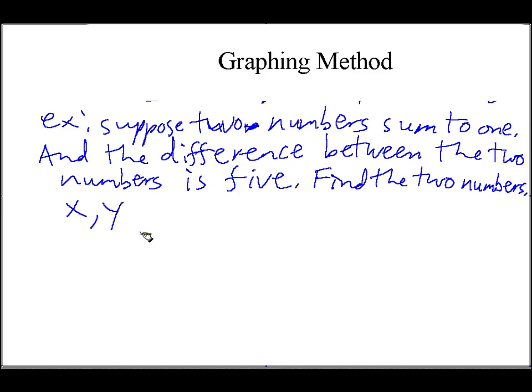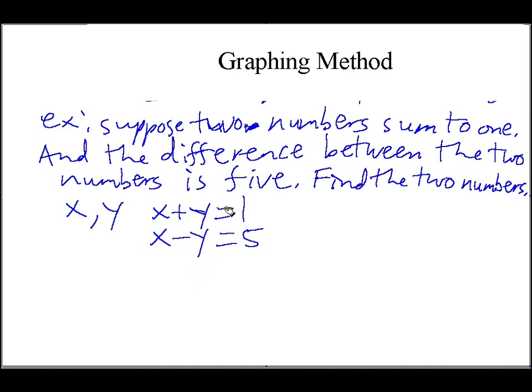That means x plus y is equal to 1. And the difference between the two numbers is 5. That means if I take the difference of these two numbers, x minus y, I get 5.